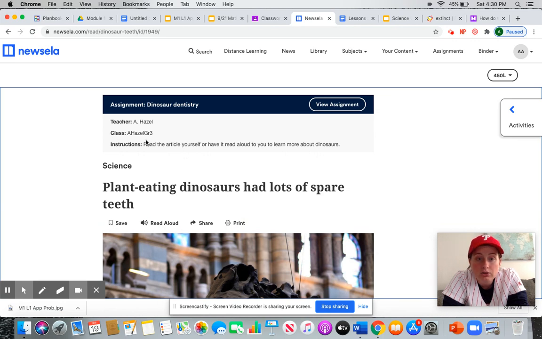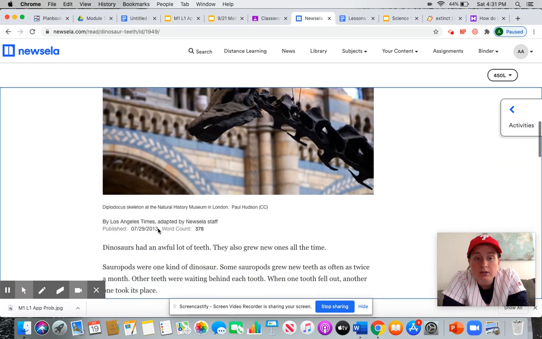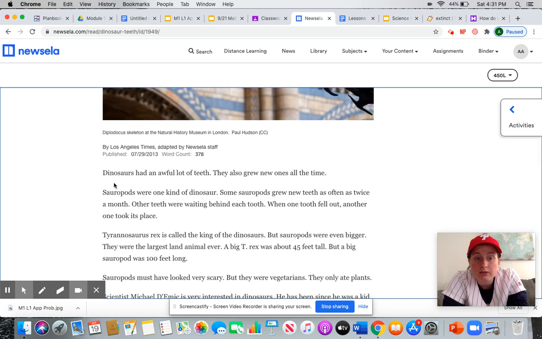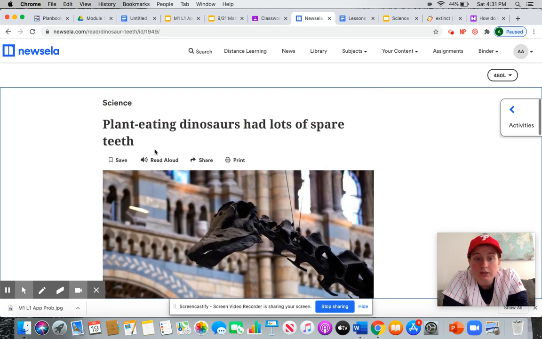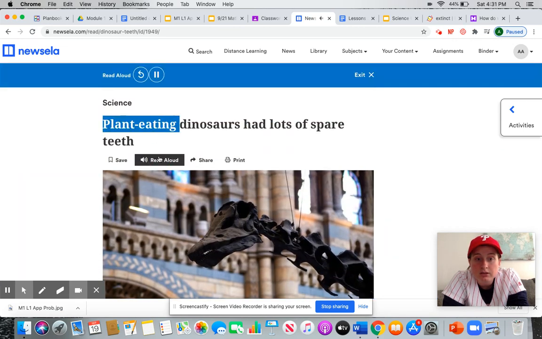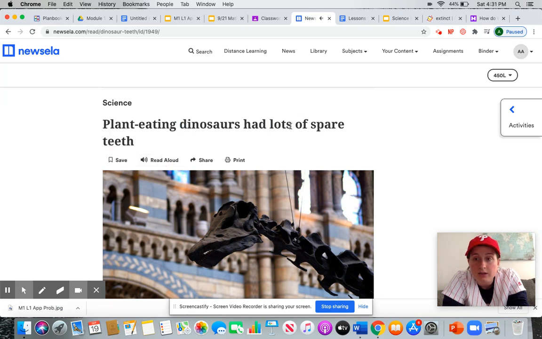And all of your instructions are to read the article yourself, or you can click read aloud, just to have you thinking more about dinosaurs, okay? So you can read it yourself, scroll down and read it yourself, or you can click read aloud. Plant-eating dinosaurs had lots of spare teeth. Right, and do it that way, okay?